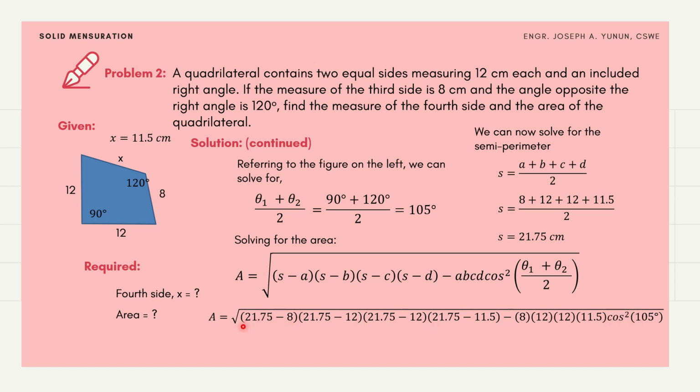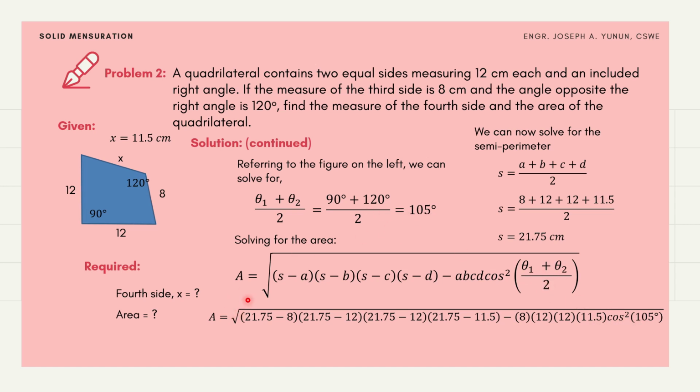So 21.75 is S, then A probably is 8, and then S minus B, so 21.75 minus 12, 21.75 minus 12, and then 21.75 minus 11.5. You could use 11.49 if you want to. Then minus the product of all the sides, 8, 12, 12, and 11.5, then cosine squared, the angle is 105 degrees.